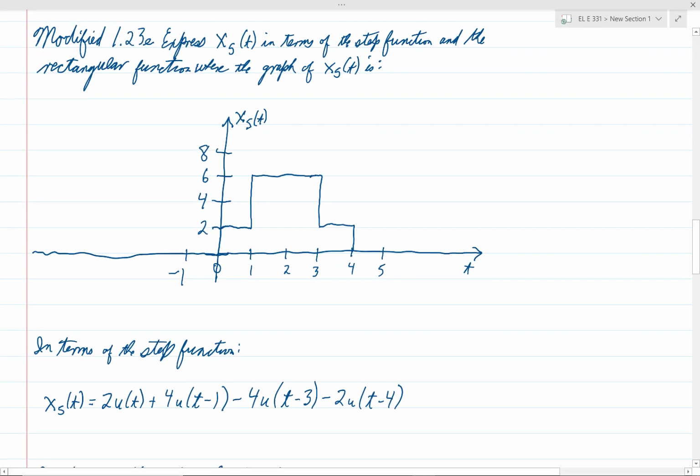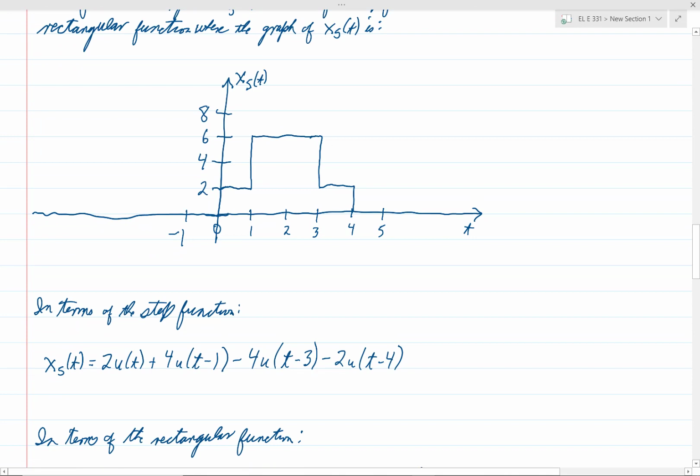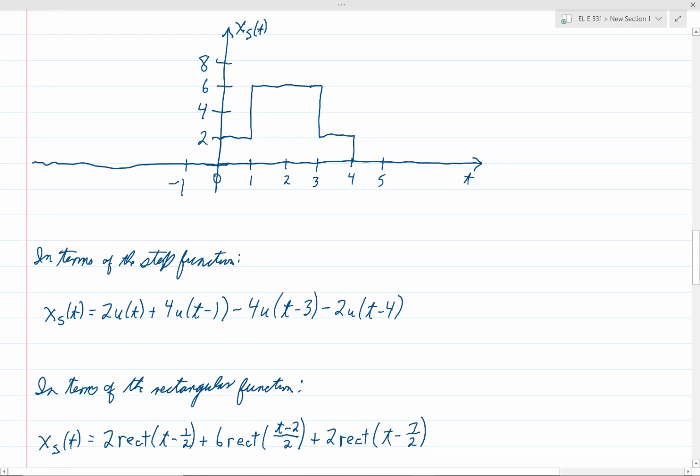Well, to me, the easier way, the more obvious way to express this function in terms of rectangular functions is to think of this graph up here as being 3 rectangles. You have one rectangle from 0 to 1, another rectangle from 1 to 3, and another rectangle from 3 to 4. Okay, so let's look at it that way.